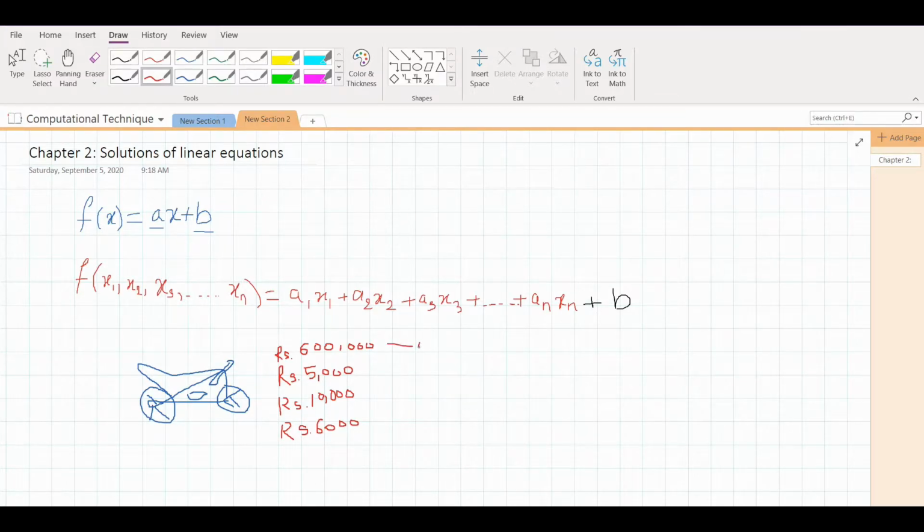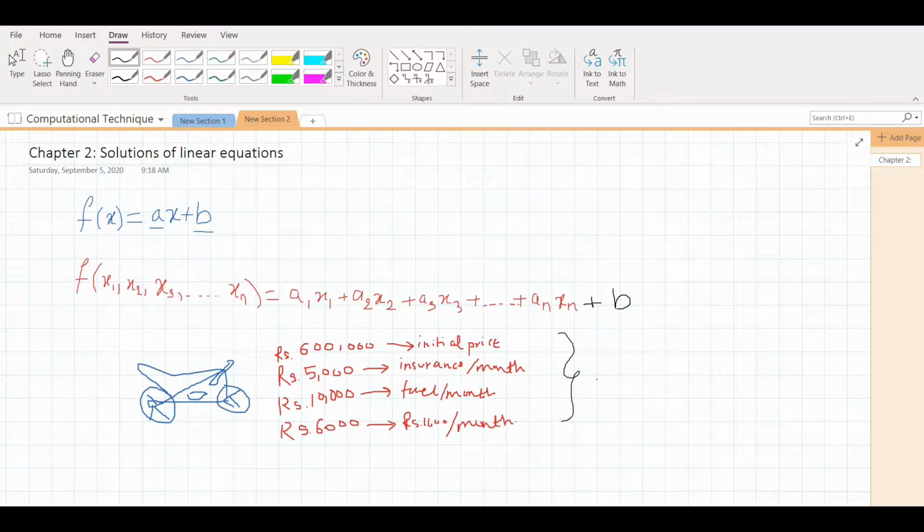This is your initial price, that's your insurance, and this is your fuel. We convert this to per month, so it will be Rs 1,000. If you want to find out how much will be the total cost for your motorbike if you have it for 2 years, let's say 2 years.